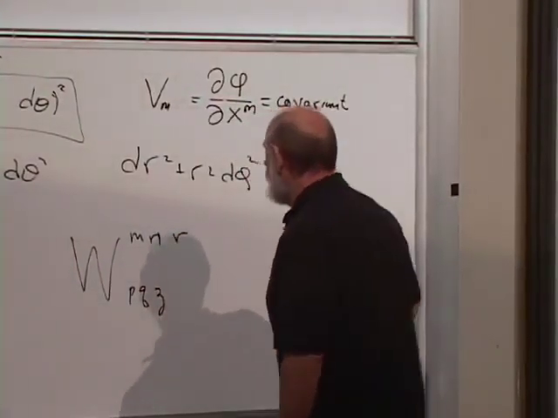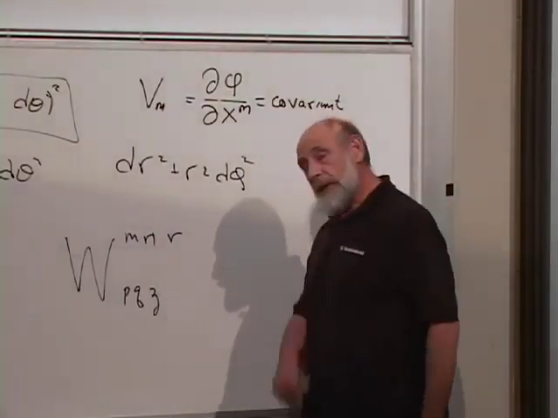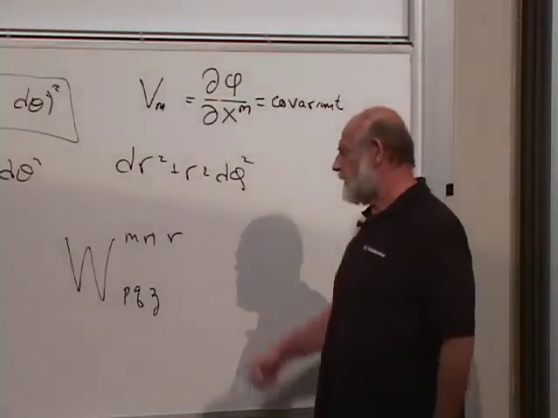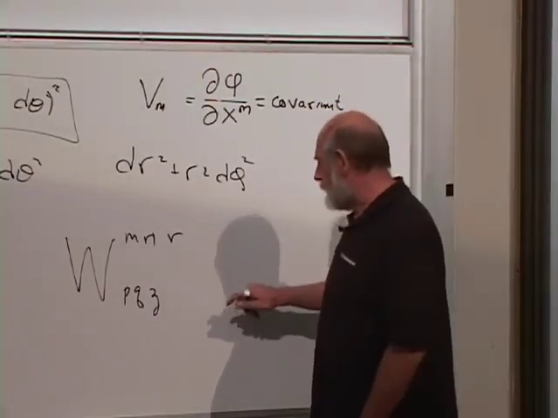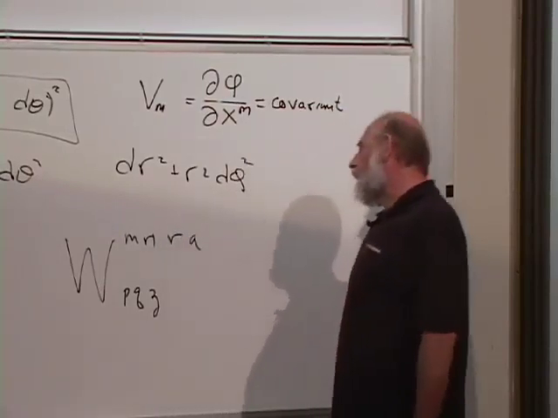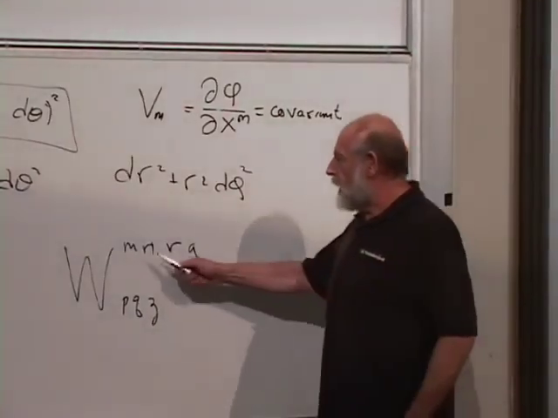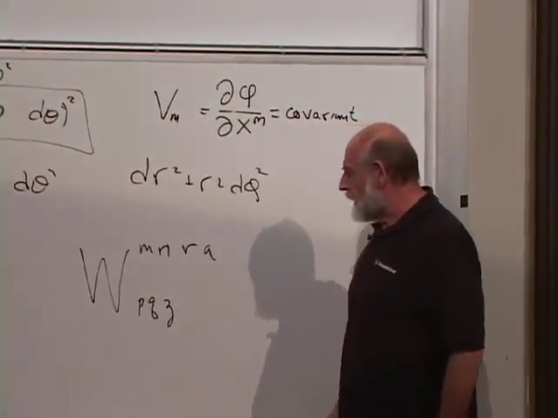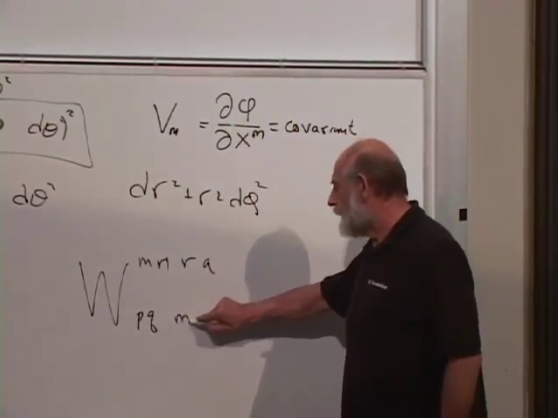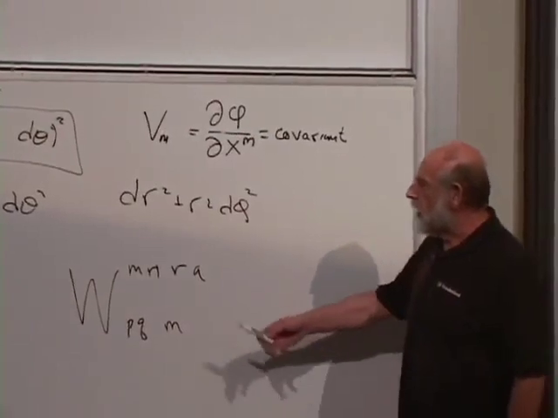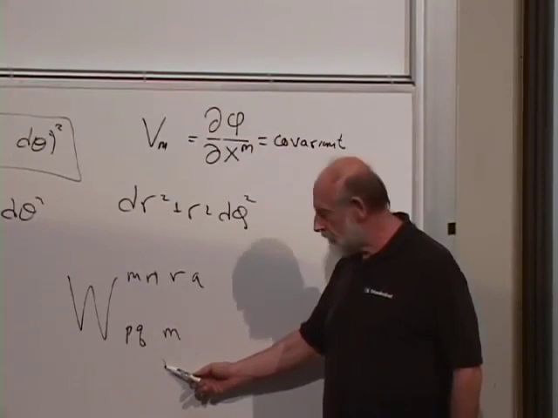M, N, R. And now, that's a tensor with 6 indices, a rank-6 tensor with 3 covariant and 3 contravariant indices. Let me make it a little more general. Let's make a different number of upper indices and lower indices. So, 4 upper indices and 3 lower indices. Now, if I identify an upper index with a lower index, for example, replace Z by M and sum, the result is a tensor with 3 upper indices and 2 lower indices.